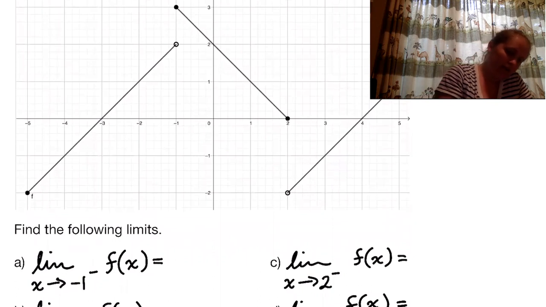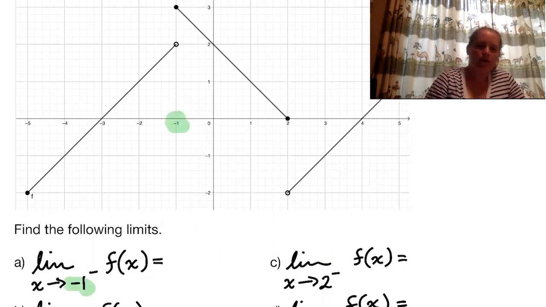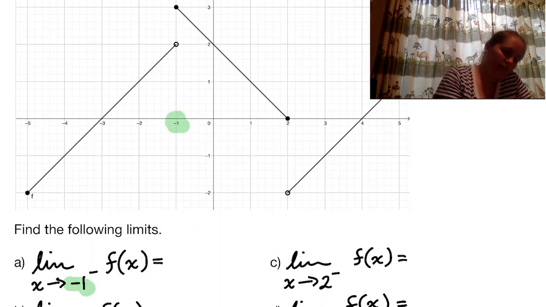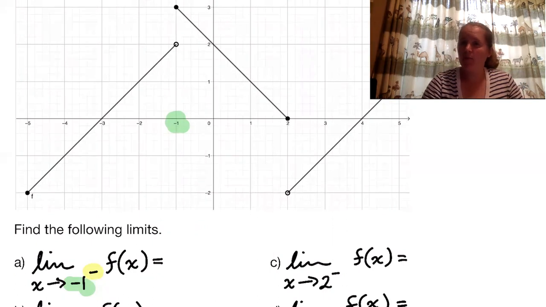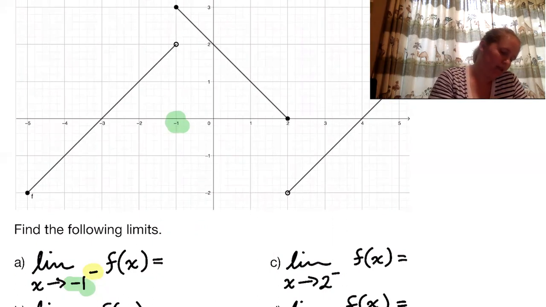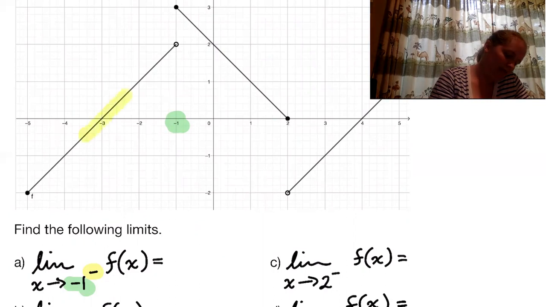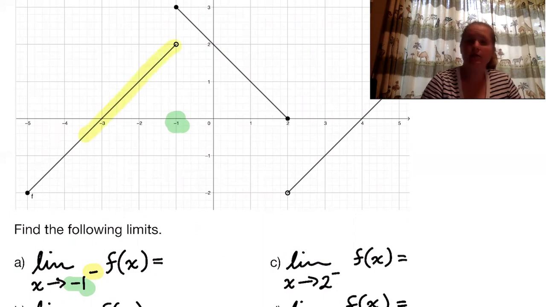So at -1, we're looking here. And then we want to look at a negative, which tells us that we're approaching from the negative side of the number line. We're coming from the left. So coming from the left, as x goes into -1, as we trace the graph, it looks like our y value is going to 2.